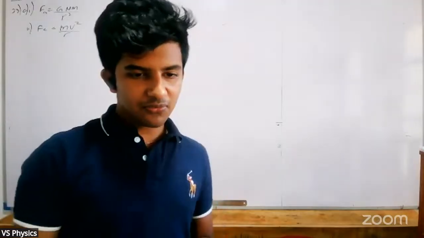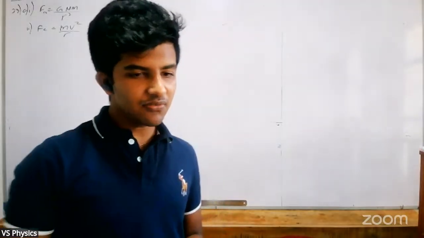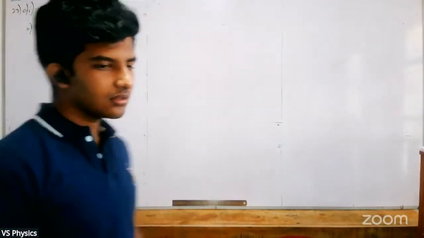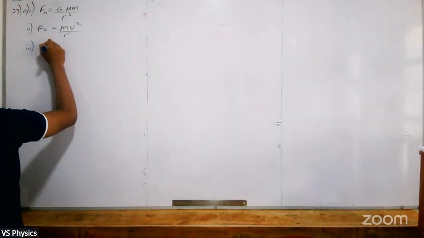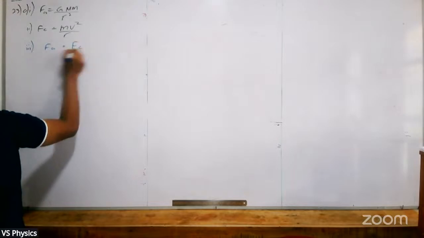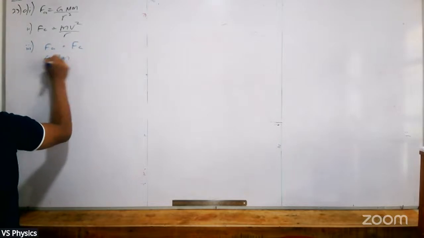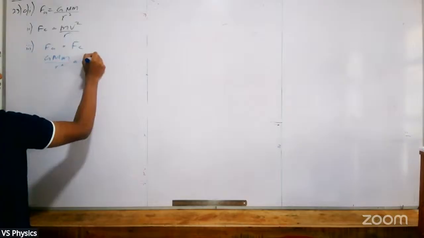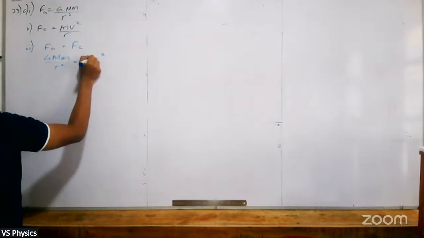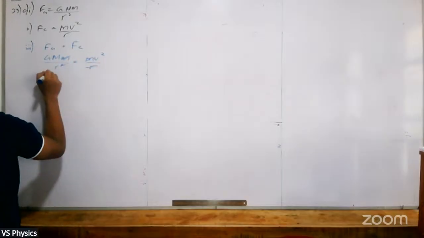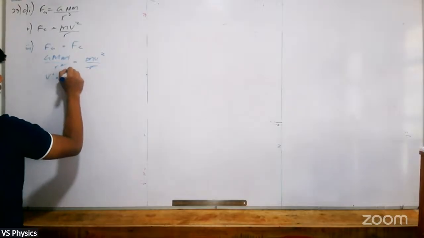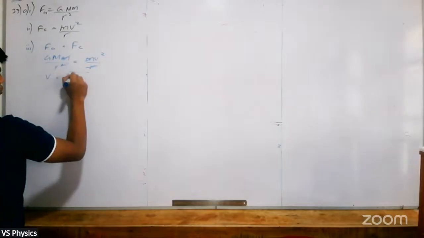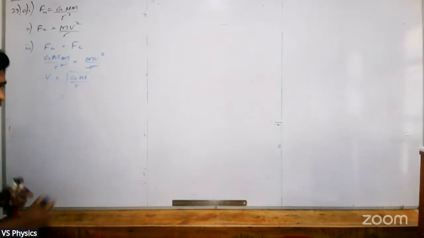Hence derive an expression for v in terms of m, r and G. We can write Fg is equal to Fc, therefore GMm over r squared is equal to Mv squared over r. M cancels with M, r cancels with r. We are left with v squared is equal to, actually v is equal to root Gm over r.